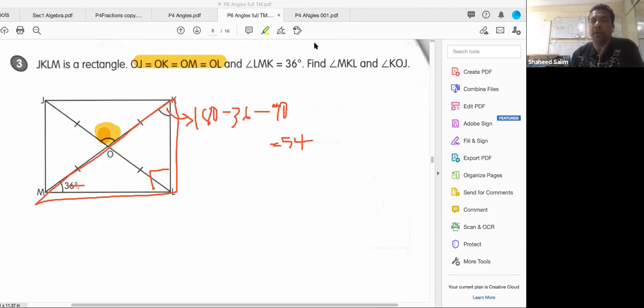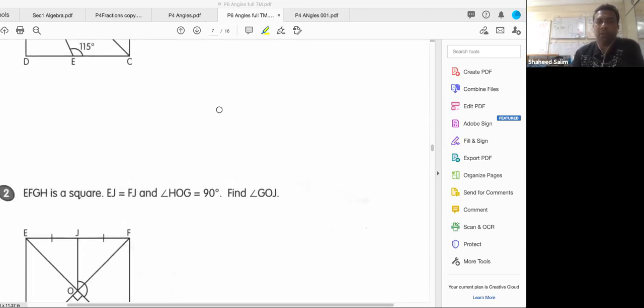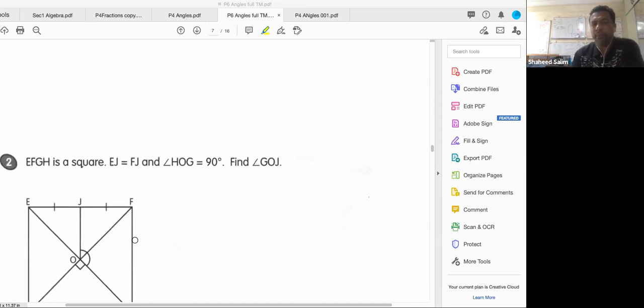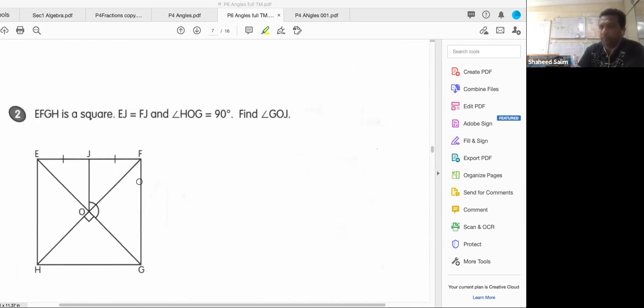Now why earlier on did I say divide by 2? Well, let us see. Down here you can divide by 2 because this is a square. In a square, when you draw a line from one corner to another, you divide the angle into 2 exactly. But a rectangle cannot.